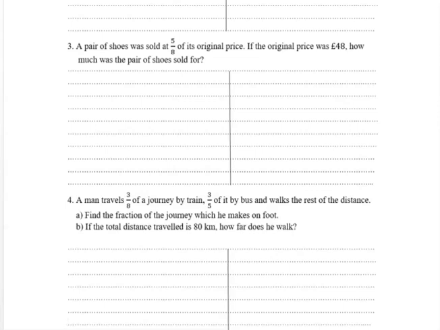Simply, all they want us to do is to work out 5/8 of 48. So you're going to do 5/8 multiplied by 48. Now 8 divided by 8 is 1, 48 divided by 8 is 6. Multiply the 5 and the 6 and we're going to get £30. So the pair of shoes was sold for £30.